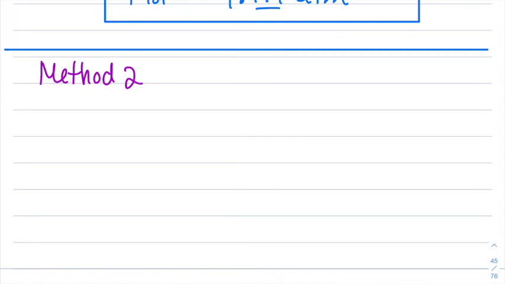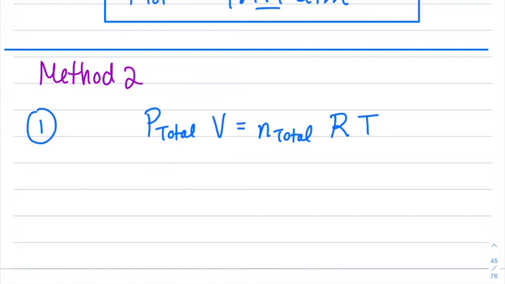If you were doing method 2, you would have P total times the volume equals n total times R times T. That would be your first step.